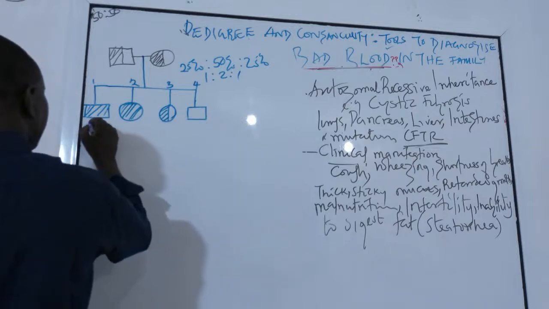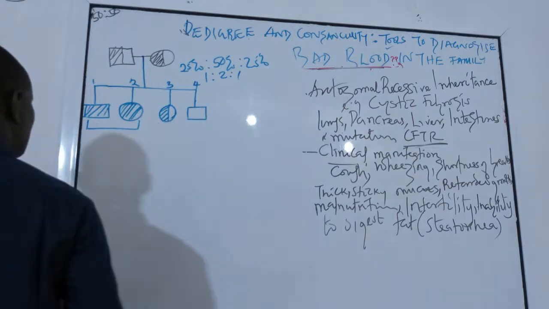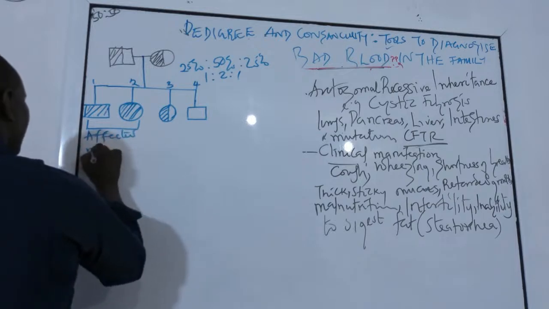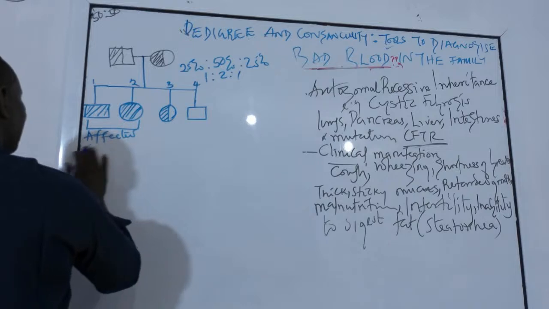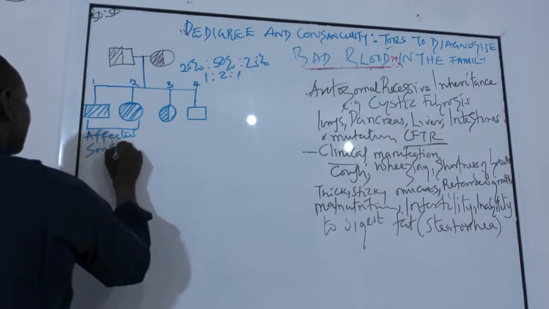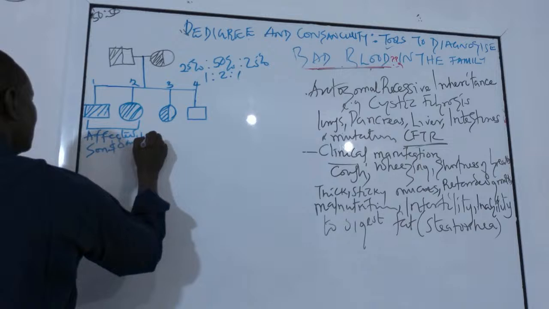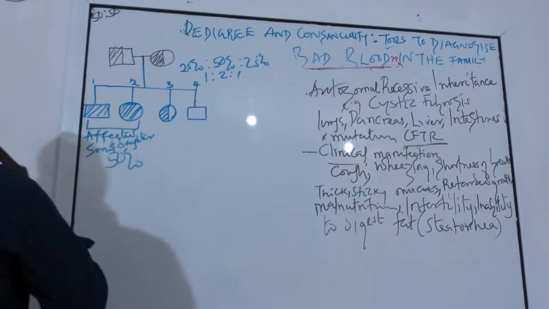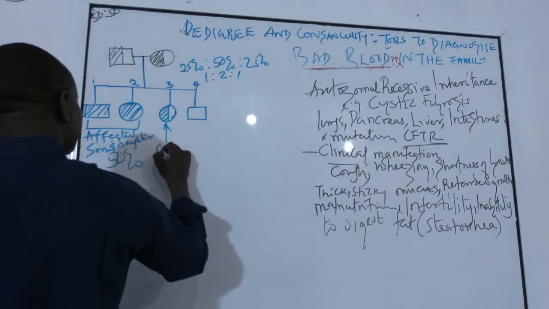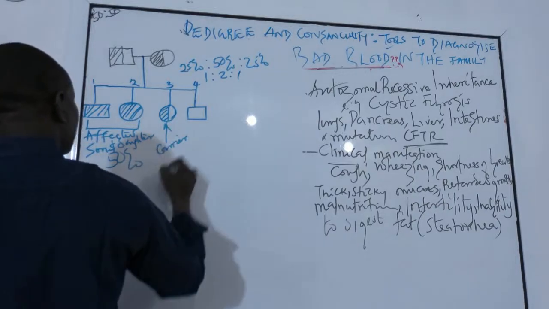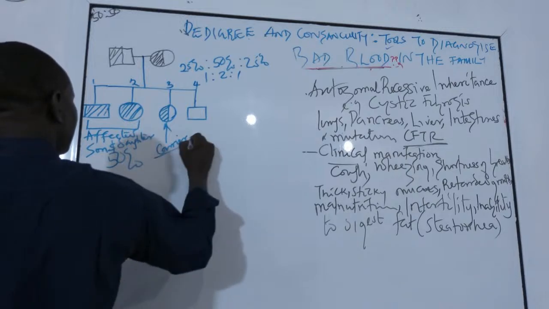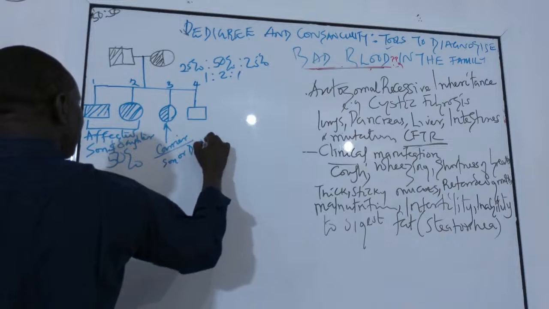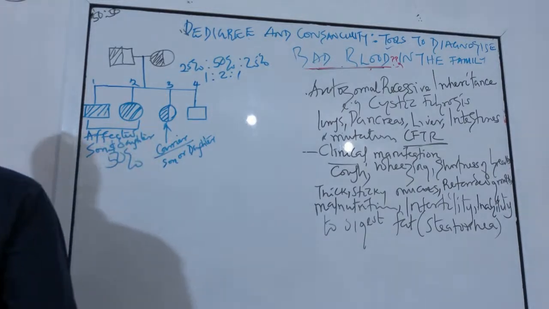So these two are affected, a male, affected son and daughter. The probability is going to be 50% that they will be carriers, which could be son or daughter, irrespective of the sexes.